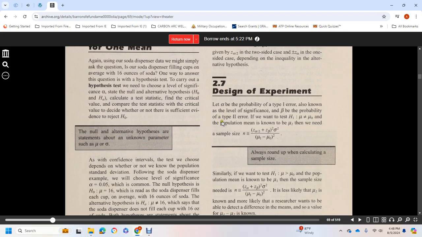Alright, 2.7, design of experiments. Let alpha be the probability of a type 1 error, also known as the level of significance, and beta the probability of a type 2 error.